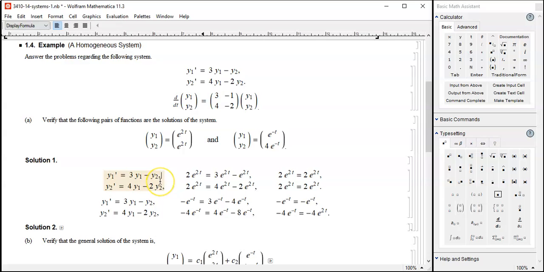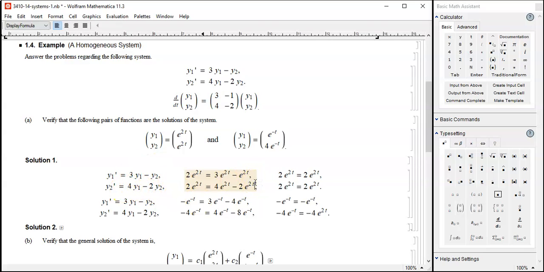This is the original equation, and y1 is e to the 2t power, y2 is also e to the 2t power, so plug all those in. This is a derivative, that too is a derivative, and here plug in all those 4 places, and then we have this system.